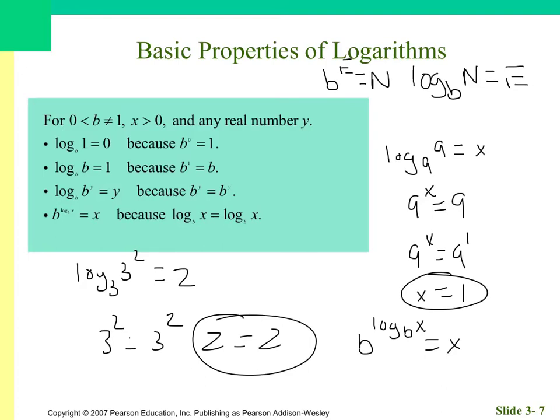So if you think about this, I have log base b of the number. Well, what was the number here? x. It equals the exponent. What was the exponent? Log base b of x. Okay?